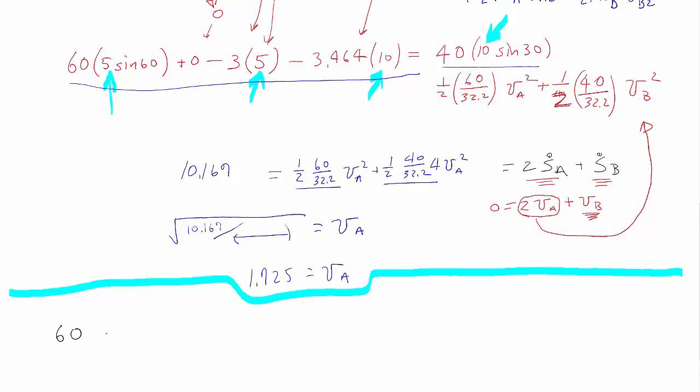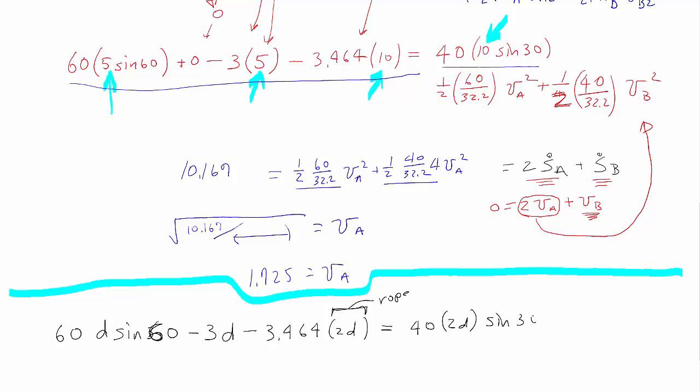60 times the distance it moved down the plane, sine of 60 times 60, minus 3 times the distance it moved down the plane, minus 3.464 times 2 times the distance it moved down the plane, out of the rope equation, equal to 40 times 2 times the distance it moved down the plane times sine of 30.